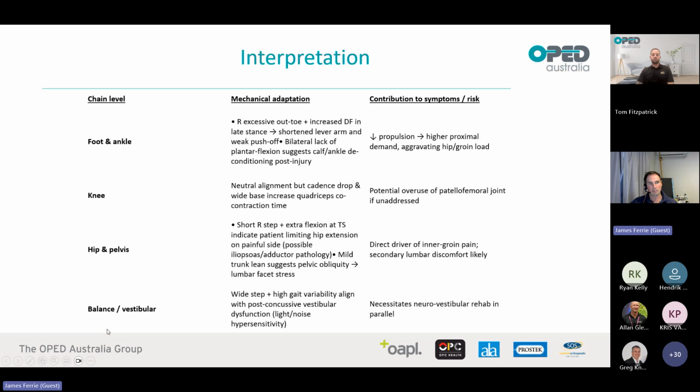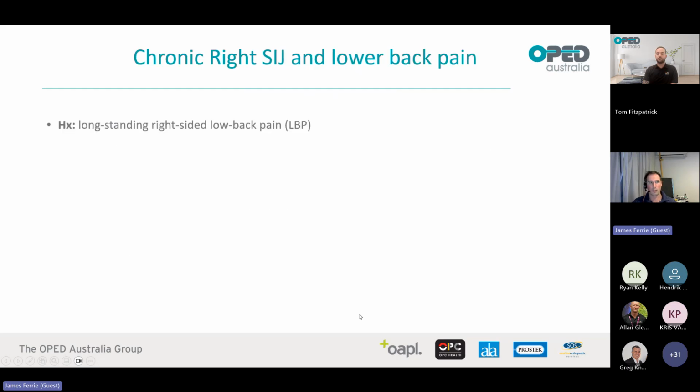And again, we see these balance and vestibular type problems. So a wide step, we have a high gait variability. And again, this is probably consistent with some of the other clinical testing we did, where I really pushed for the fact that he needs some sort of neuro assessment, and that's something that he's been able to get as a result of that report.